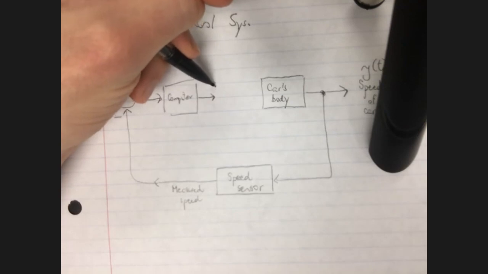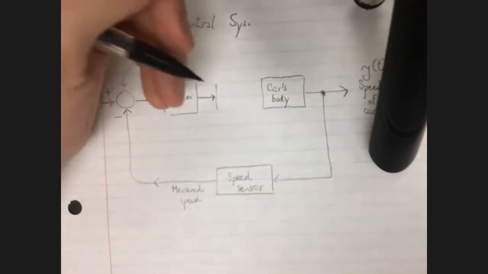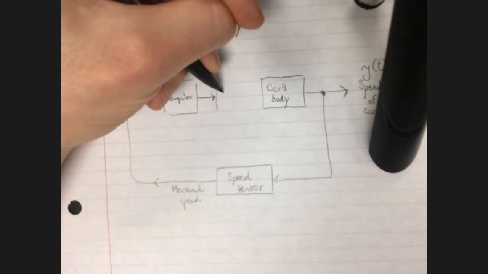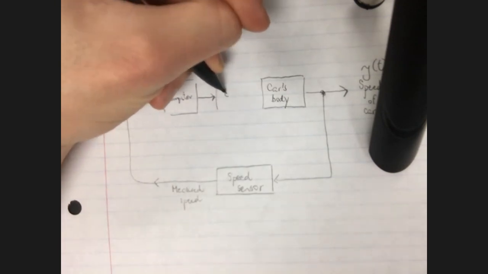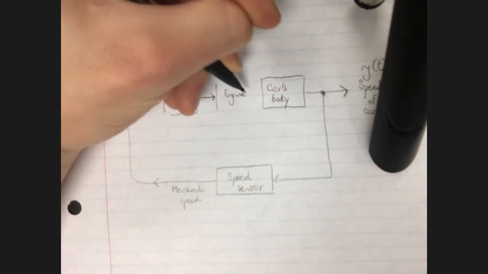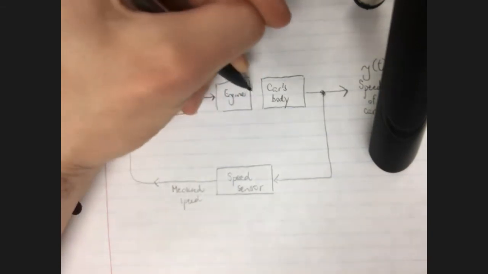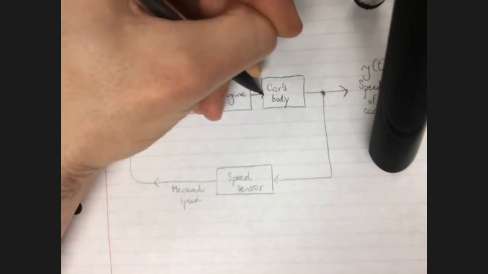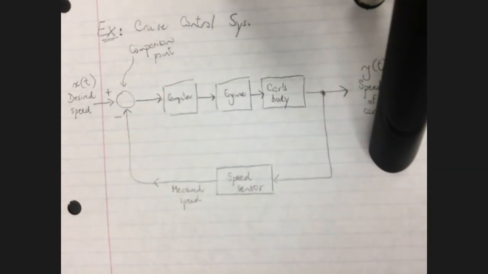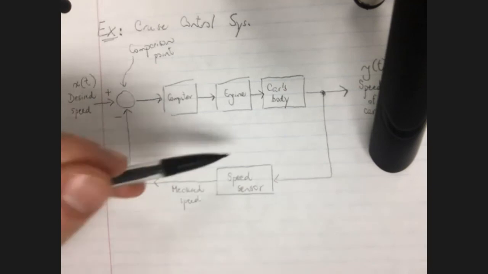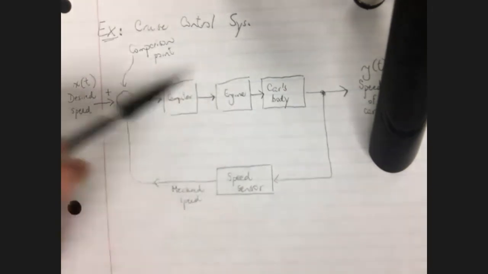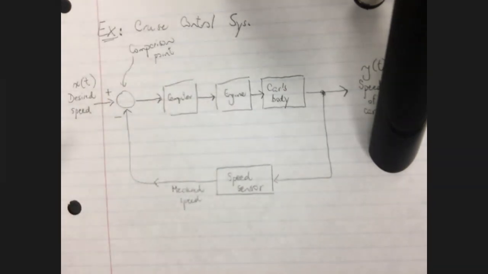Then that's going to send a signal to my engine. And that in turn, the engine is going to make the car's body move. So you end up with this type of situation. Okay, so it's a pretty typical breakdown of how the signal flow would work in a cruise control system.